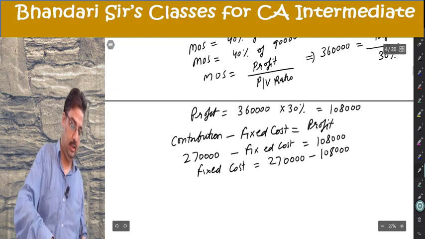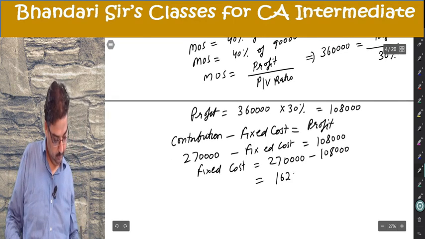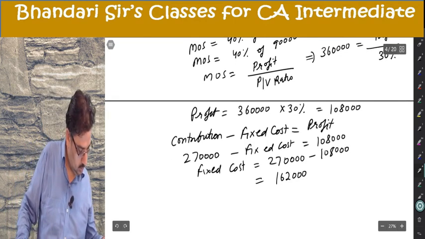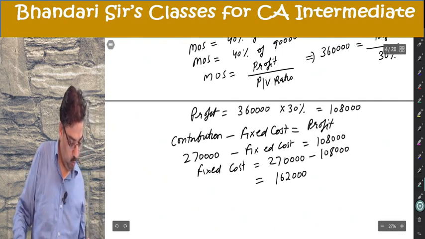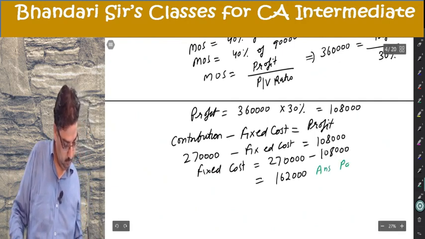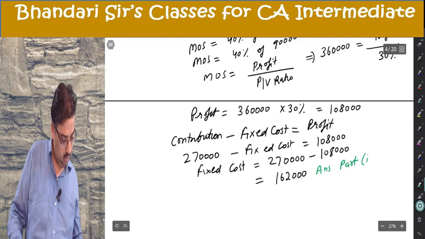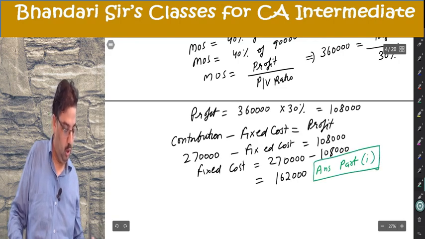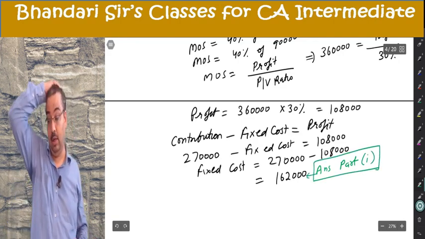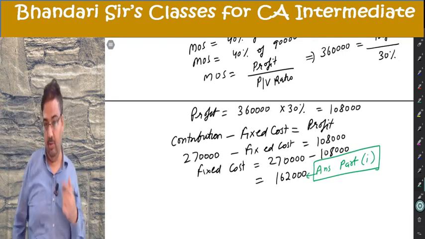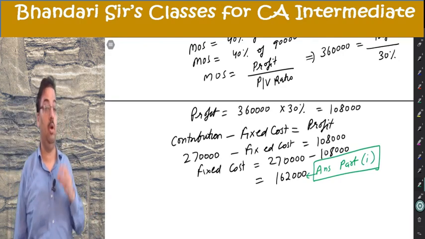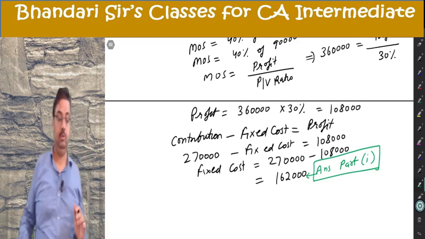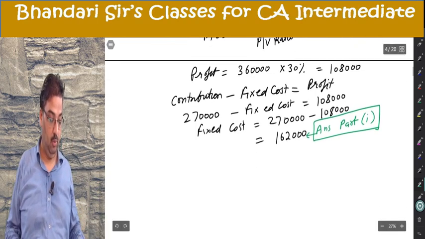This is 1,62,000. This is the answer of part 1. Now without part 2 I could not do part 1, so first I did part 2. Unless I have the revised sale, I will not be able to compute the contribution and the fixed cost. So fixed cost is the part 1 answer.